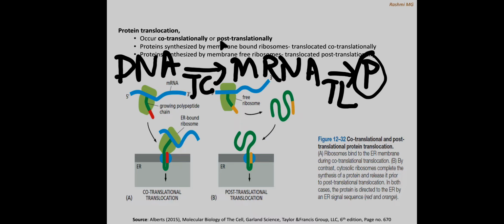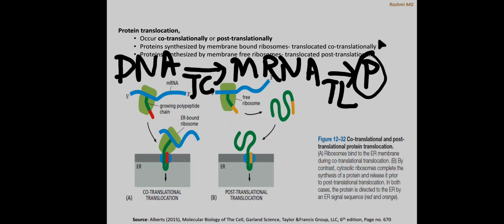You have to know the difference between them. If the translation process is happening and the protein translocation is happening along with it, that is co-translational translocation. If the mRNA has completed the translation process and we have the finished protein, and that protein translocates after the completion of translation, that is known as post-translational translocation.